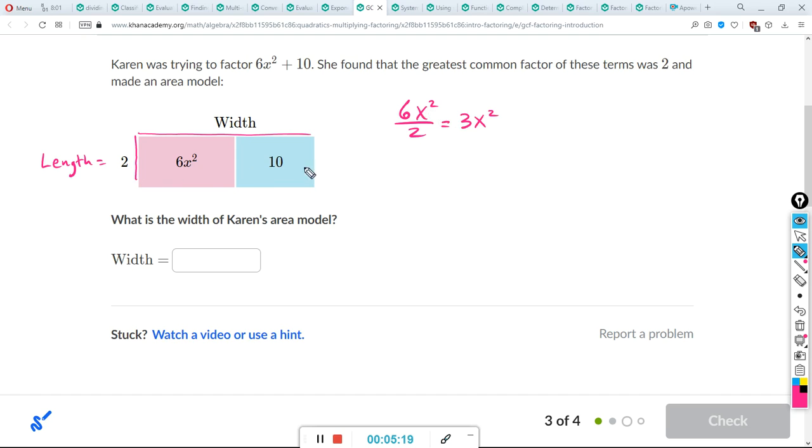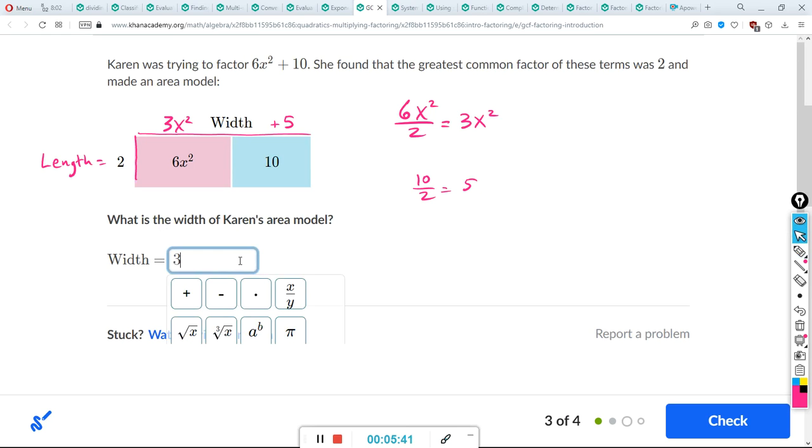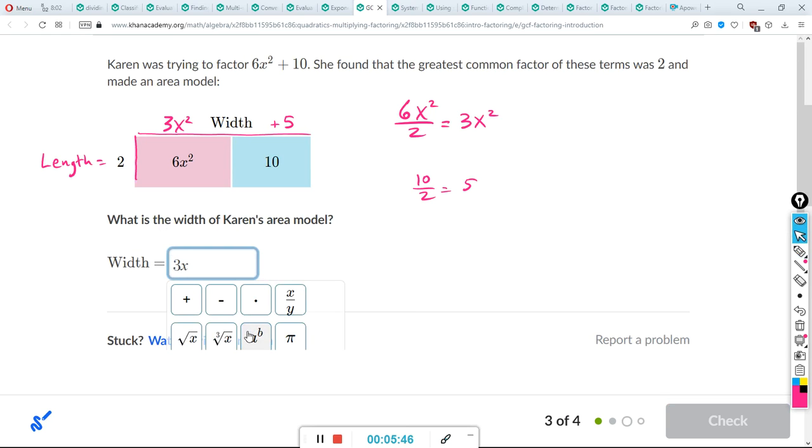And 10 divided by 2 is just 5. So we have 3x squared plus 5. That's the width right there. You just put it in the box. I type 3x, hit the exponent button, squared, hit the right arrow key, and type plus 5.